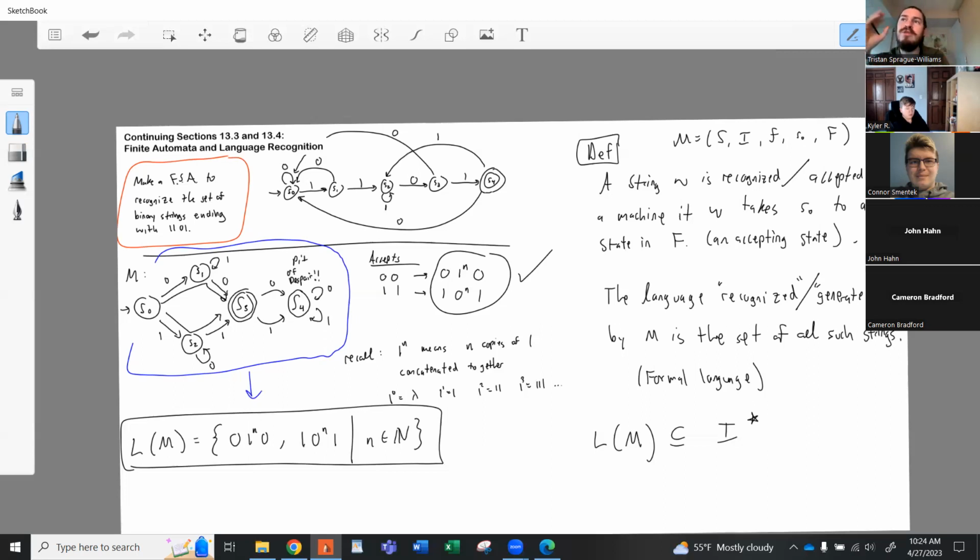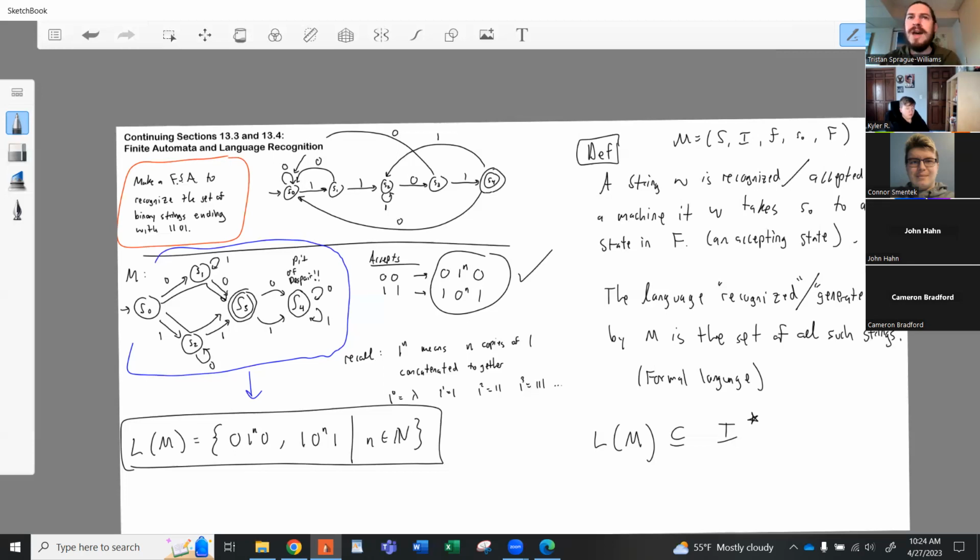The machine can be thought of as either recognizing some predefined language or generating a new language by virtue of the strings that it accepts. That's why a lot of times I'll say the language generated by the machine. You can think about it either way.